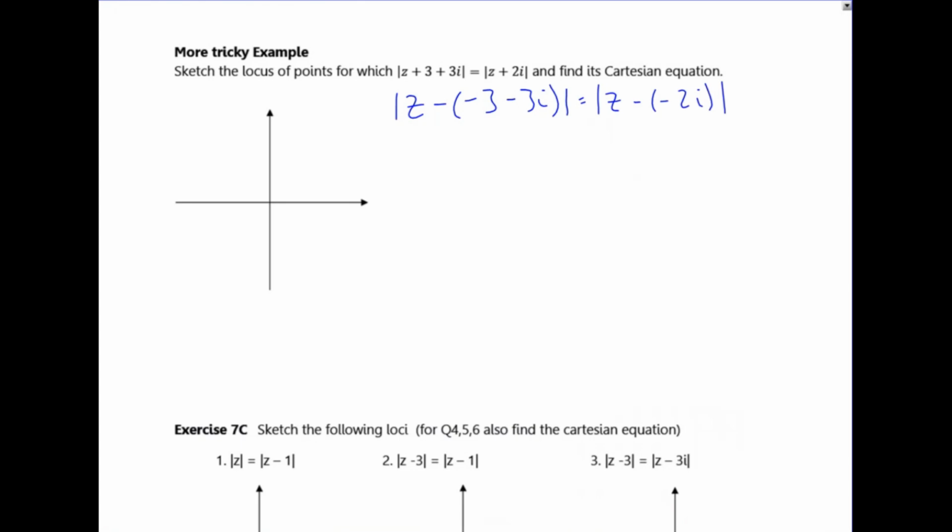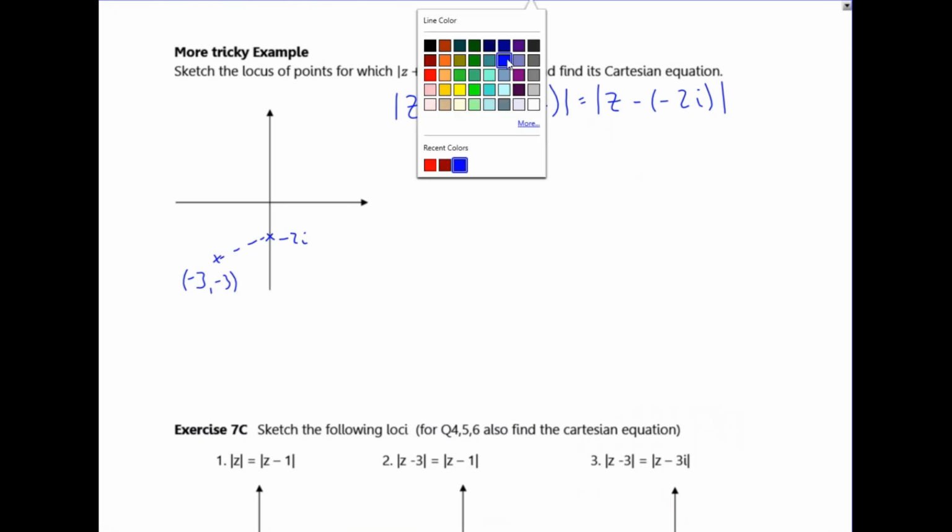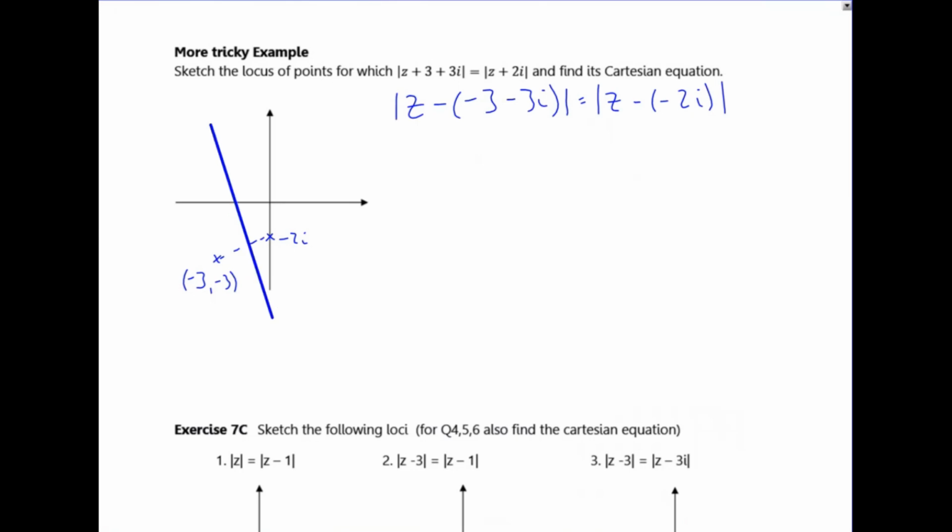So this is the perpendicular bisector between the point 3, which is over here somewhere, and the point minus 2i, which is down here. The perpendicular bisector will go through the midpoint of that, so something like that.